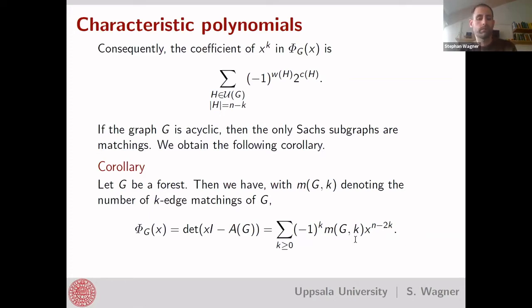So when k is 0, there is only one 0 edge matching, that's the empty set. So there is always an x to the n. Then the next one where k is 1, well, how many matchings with one edge are there? Well, as many as there are edges, and so on. So one can say very nicely what the coefficients in the characteristic polynomial are if the graph is a forest. They are precisely counting matchings in the graph.